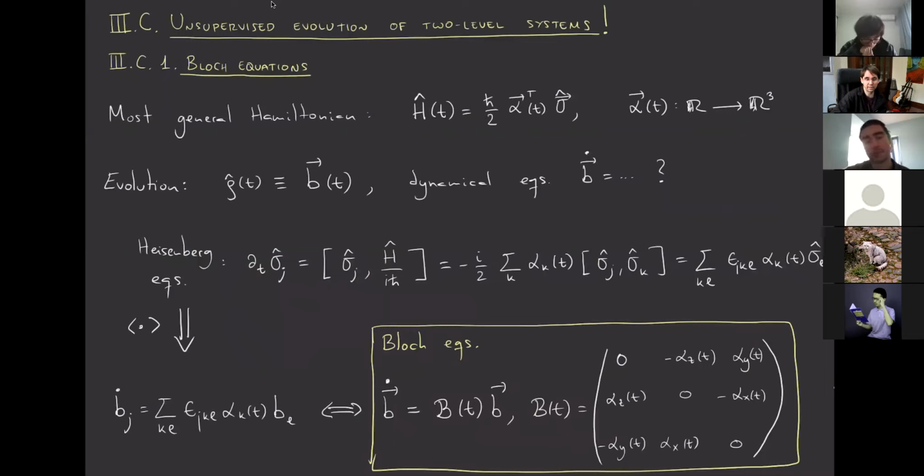Now, since this is a system of 3 equations, no matter which Hamiltonian I give you, so no matter which functions alpha of t I give you, you can always solve this linear system in a very simple way, many times analytically, but in the worst case, just numerically. You have 3 equations. We have computers in the 21st century, sorry, which means that we know how to encode this in Mathematica or MATLAB or Python or whatever you like.